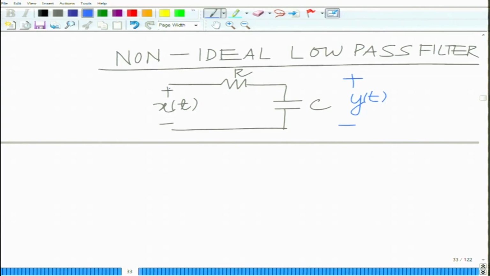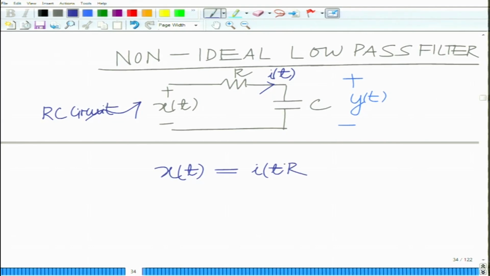So, this is a simple RC circuit, and if we denote the current by i(t), then we have x(t), the voltage, equal to the voltage drop across the resistance, which is i(t) times R, plus the voltage drop across the capacitance, which is y(t).